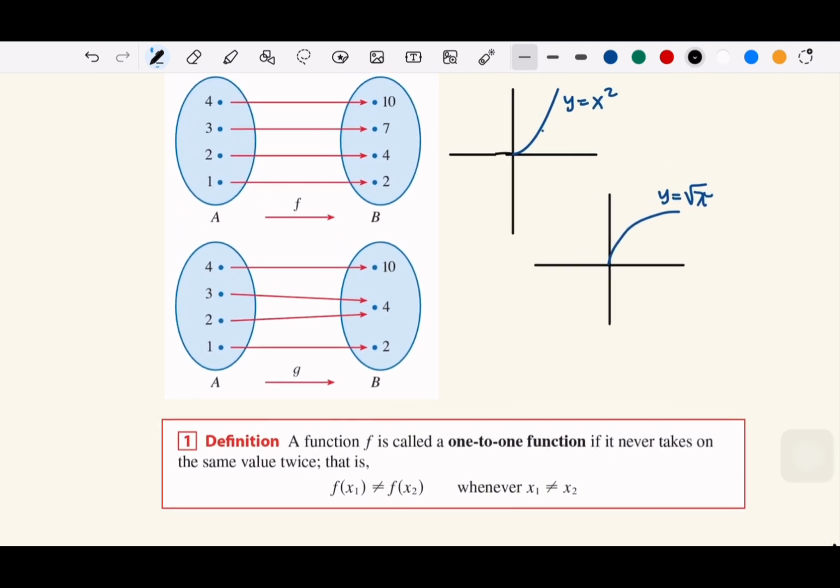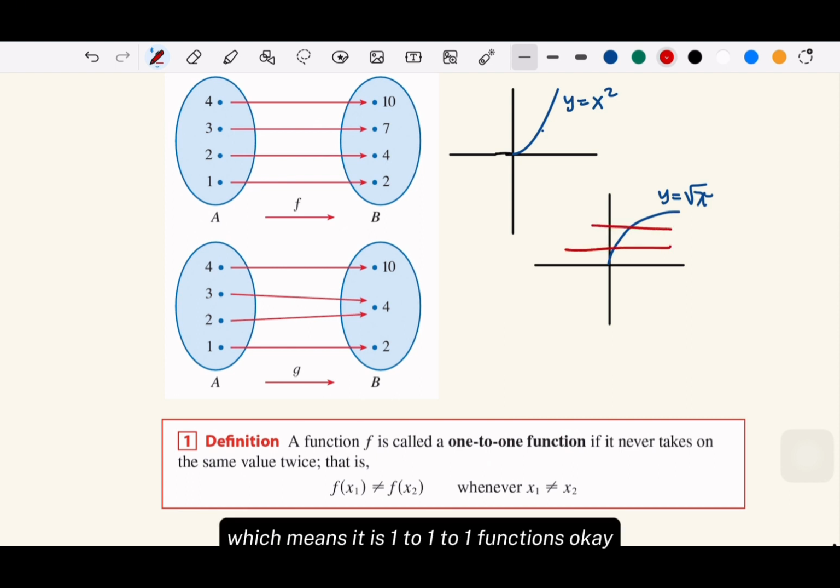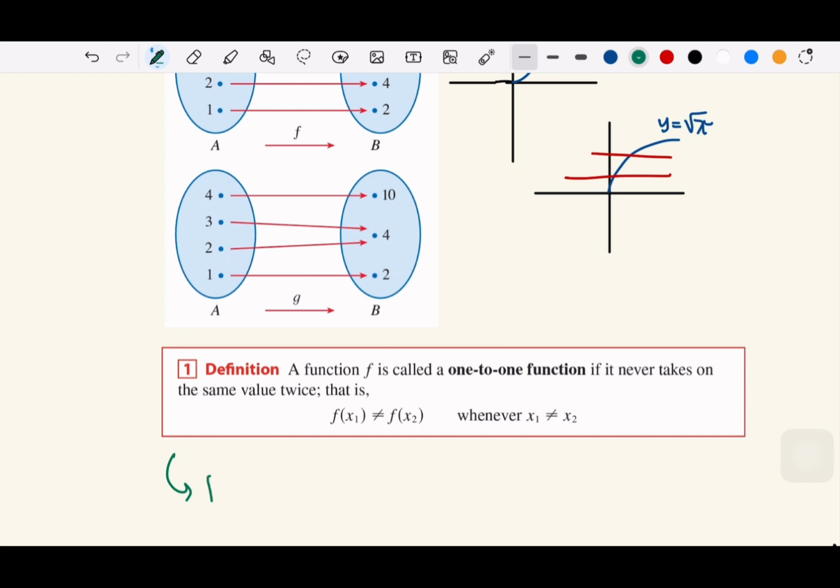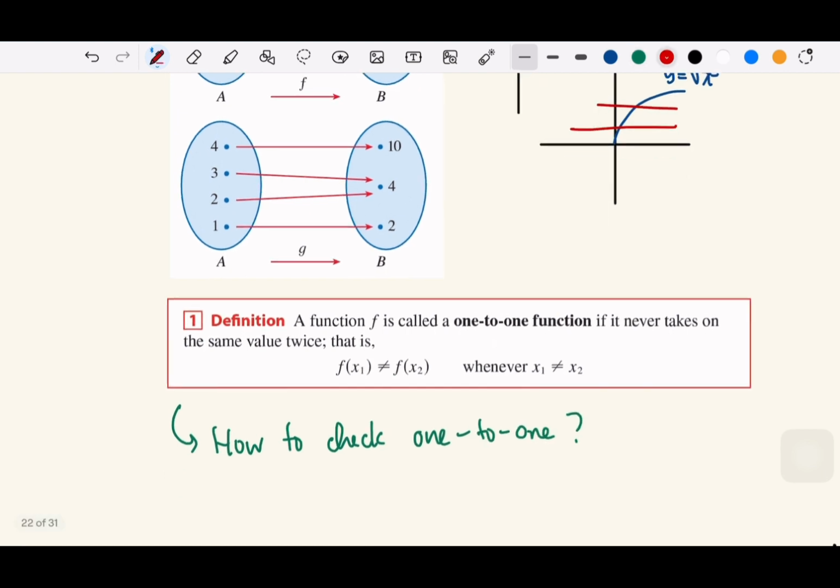Okay. So let's say a horizontal line here. If it hits exactly 1 point, which means it is a one-to-one function. Okay. How to check one-to-one? Use the horizontal line.